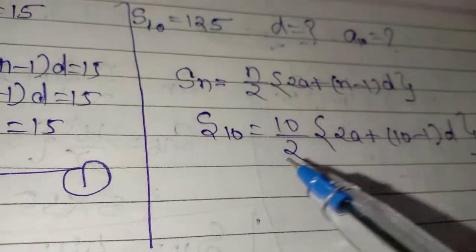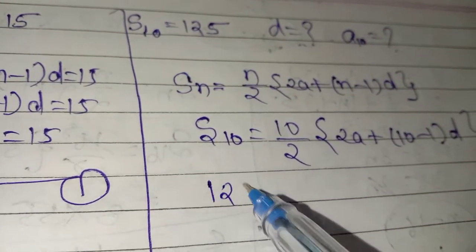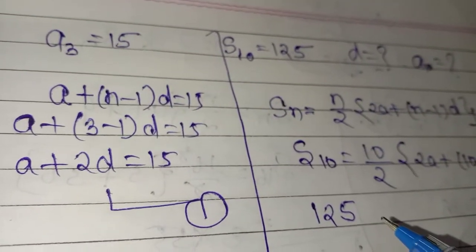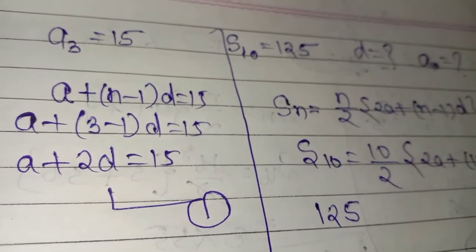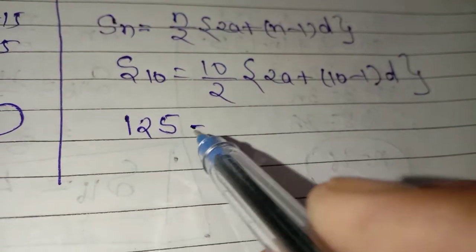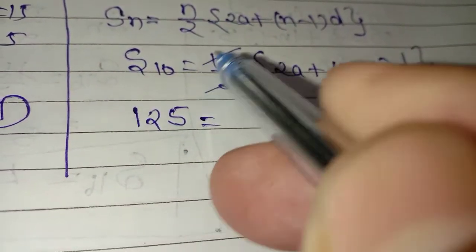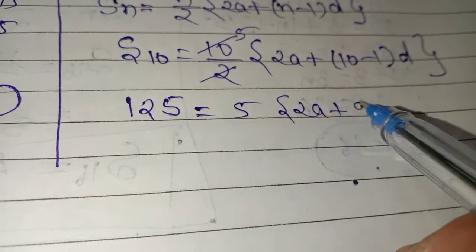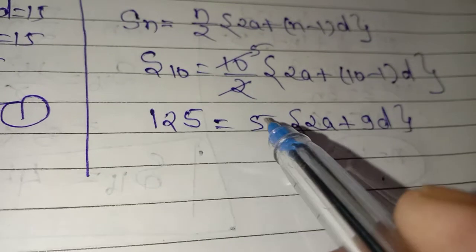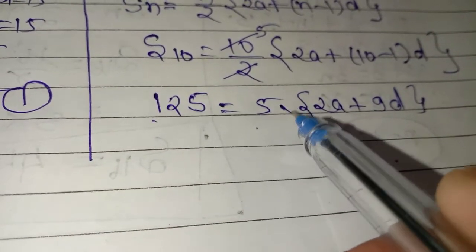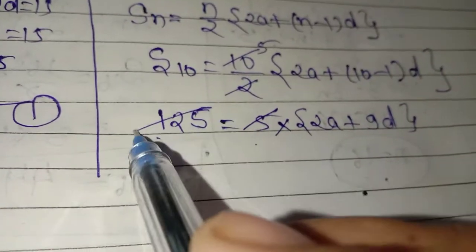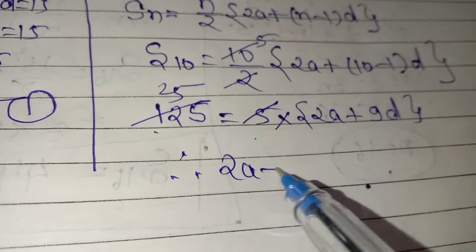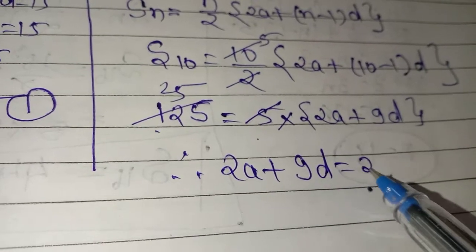So S10 is 125. Can you cancel it? 2 fives are 10, yes you can. 5 into (2a plus 9d). I can cancel 125 by 5, which is 25. So here we got the second equation, 2a plus 9d is equal to 25.